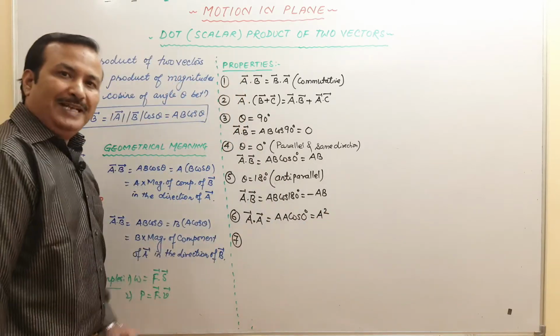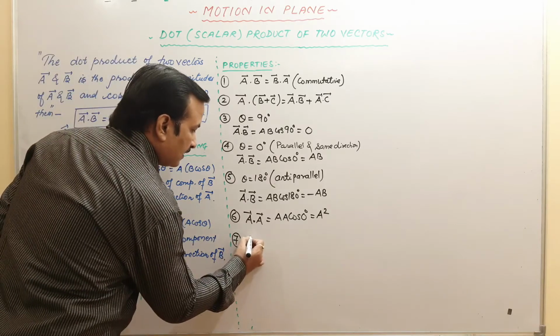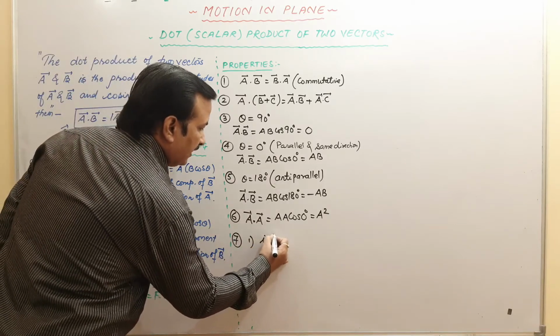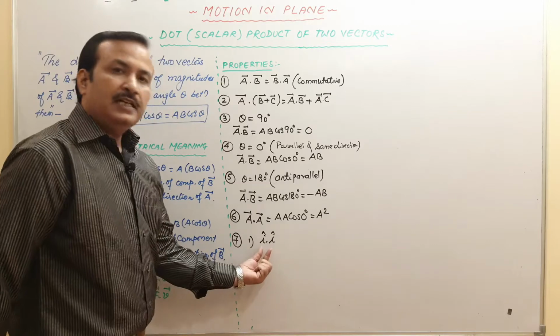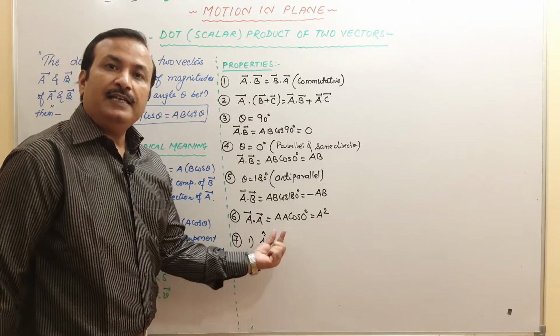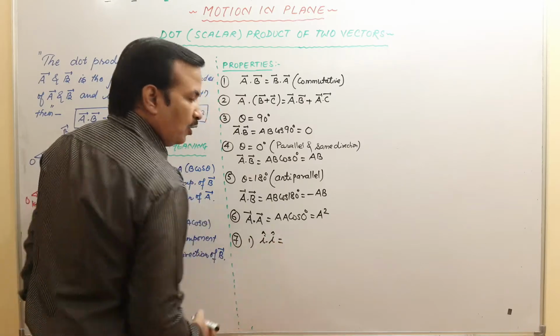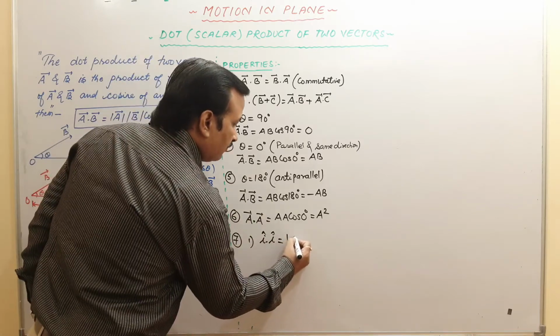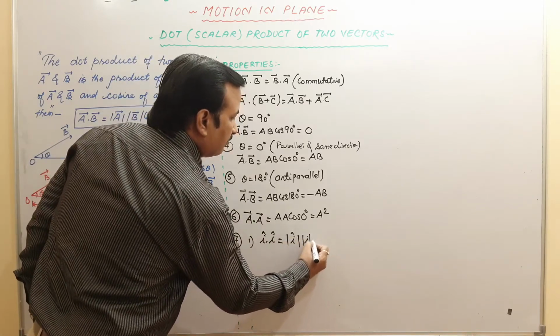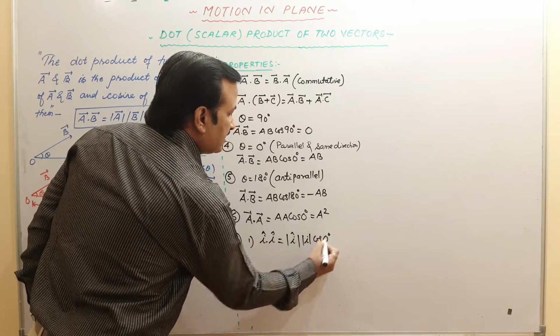Now we talk about base vectors. I dot I. What is this? These are the unit vectors along the x-axis, x direction, which is equal to how much? Magnitude of I, magnitude of I, cos कितना? 0.